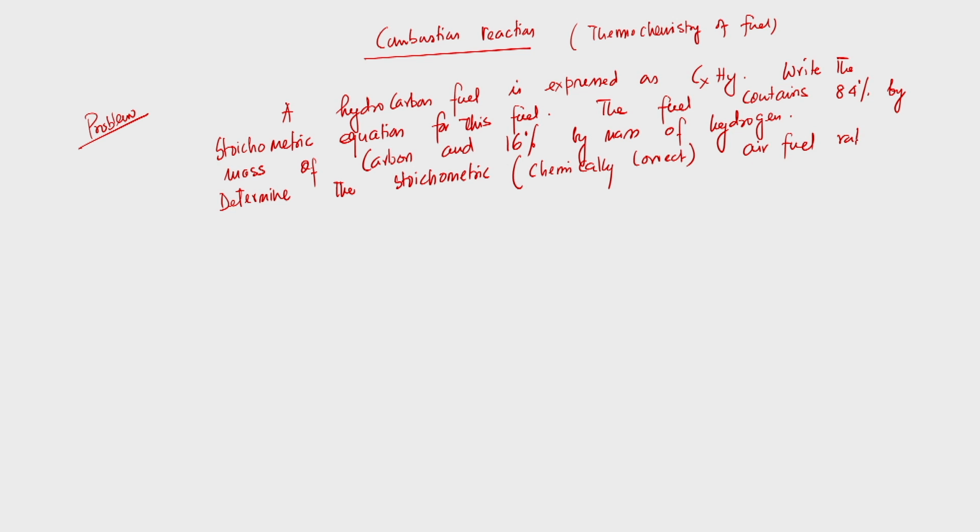As I said, this will be obtained from the thermochemistry of the fuel. A hydrocarbon has the generalized expression CxHy, so the number of hydrogen atoms and carbon atoms eventually dictates the amount of oxygen required for complete combustion of the fuel.